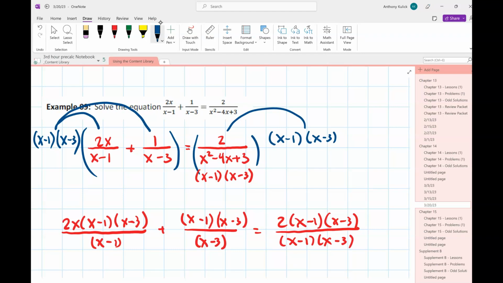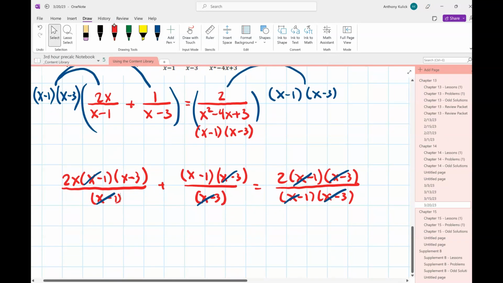And when we reduce, notice that all of our denominators go away.